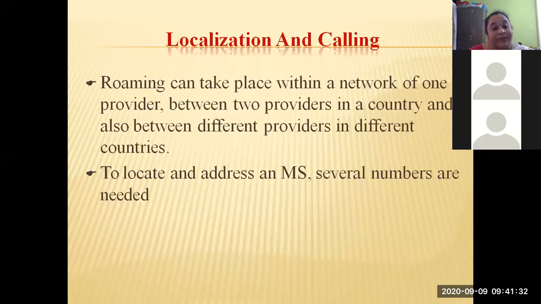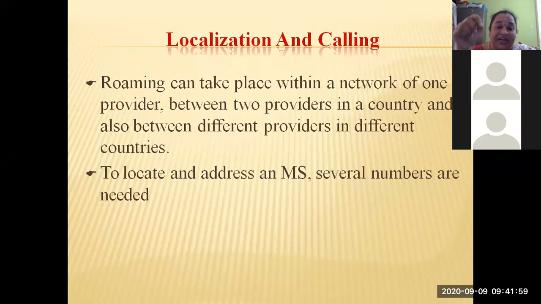Okay, so to locate an MS, several numbers are needed. How will this localization be done by GSM? It can do world globalization and world localization among that many millions of users by using this roaming procedure. How can you identify a mobile station? By using several numbers.